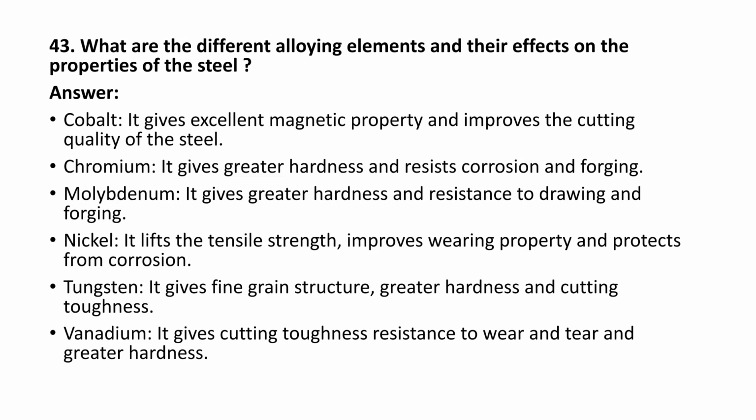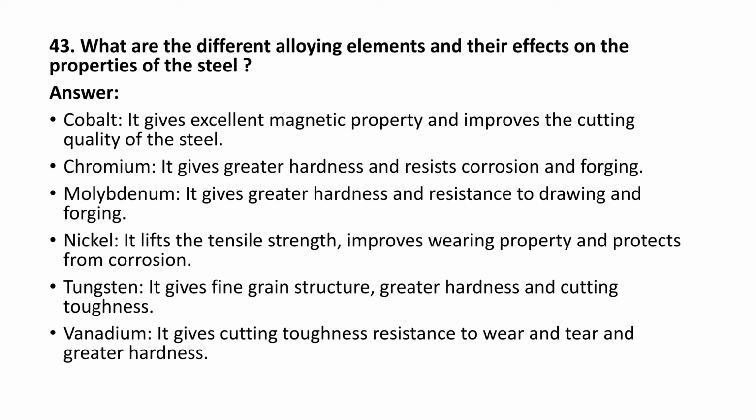Next question. What are the different alloying elements and their effect on the properties of steel? The different alloying elements are cobalt, chromium, molybdenum, nickel, tungsten and vanadium. Cobalt gives excellent magnetic property and improves the cutting quality of the steel. Chromium gives greater hardness and resists corrosion and forging.